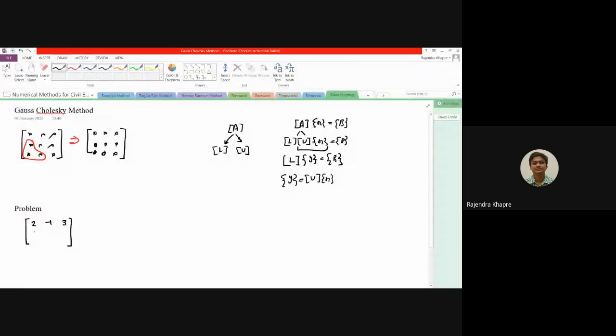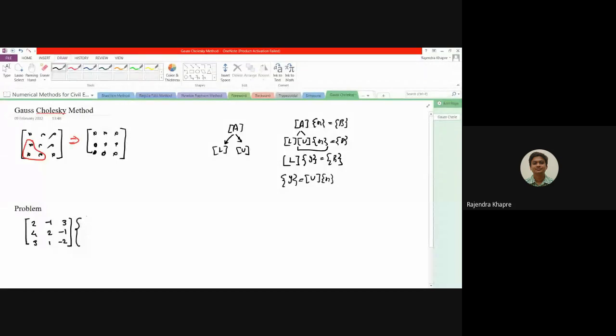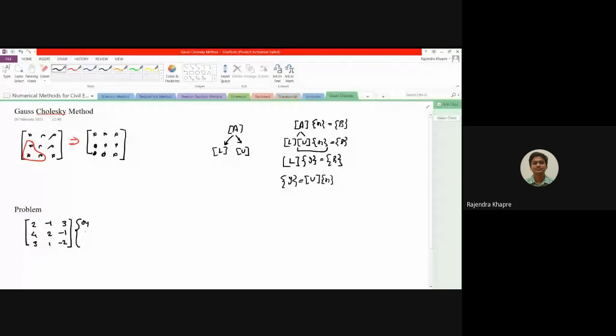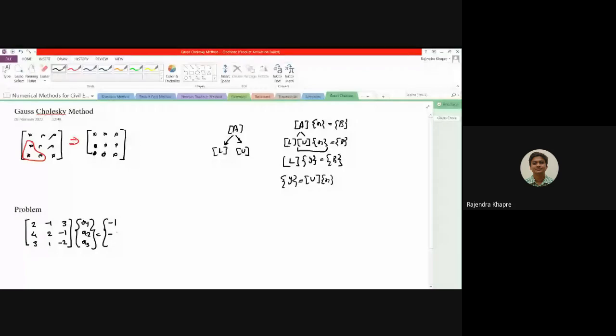All right, 4, 2, minus 1. How about this one, 3, 1 and minus 2. This is multiplied with x1, x2 and x3, equals minus 1 again.